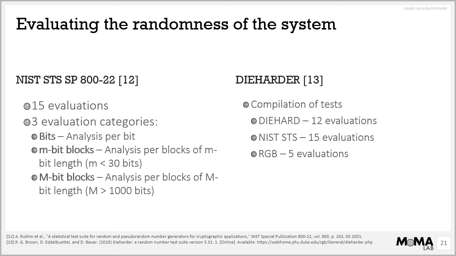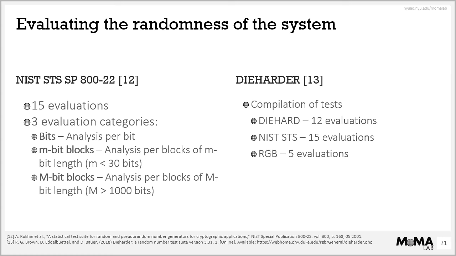It was published as a NIST standard in 2010, and it is the first step in assessing the suitability of RNGs for cryptographic applications. The statistical test suite is comprised of 15 evaluations that are defined by very complex computations, and therefore they prove to be very difficult to pass, even for genuinely random information.